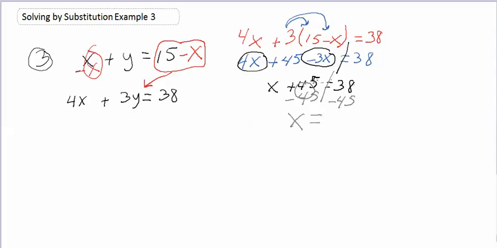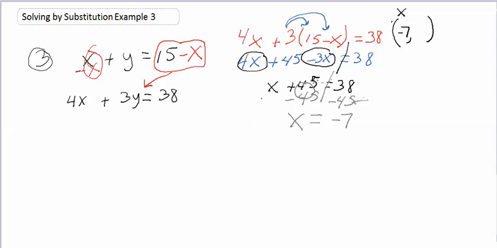And now, because they're different signs, positive and negative, I subtract: 45 minus 38 is 7, and it's going to be a negative 7. So now I have got my first part of my ordered pair. We just found out that x is negative 7.